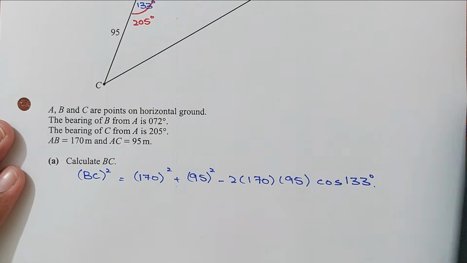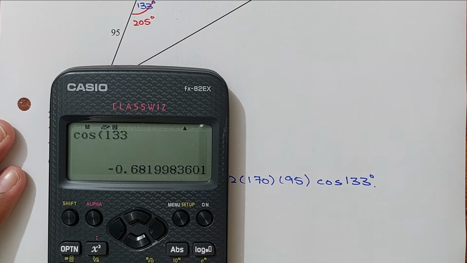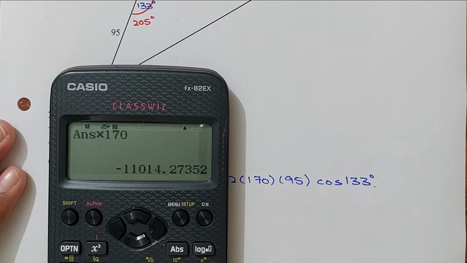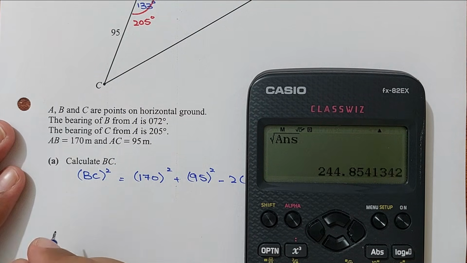Right. Let me simplify now. Cos 133 times 95 times 170 times negative 2, add 95 square, add 170 square, and square root of the answer is 244.8.